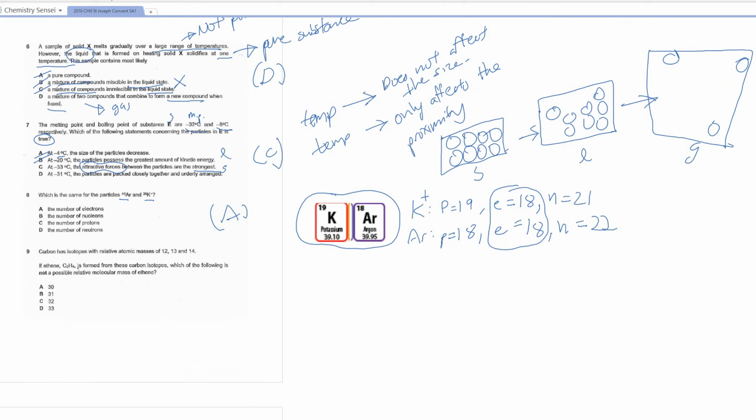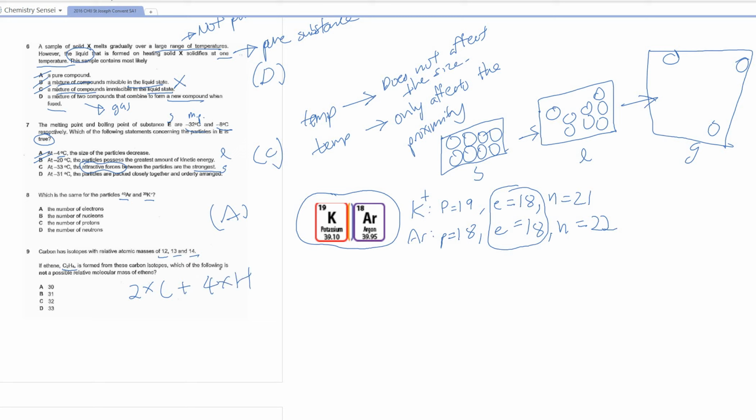Okay, let's move on to question 9. Carbon has isotopes with the relative atomic masses of 12, 13, 14. If ethene C2H4 is formed from these carbon isotopes, which of the following is not a possible relative molecular mass of ethene? Okay, so we have 2 carbon and 4 hydrogen.